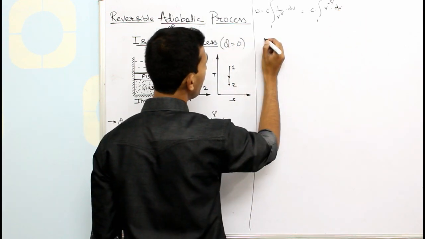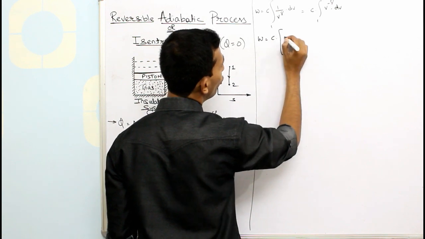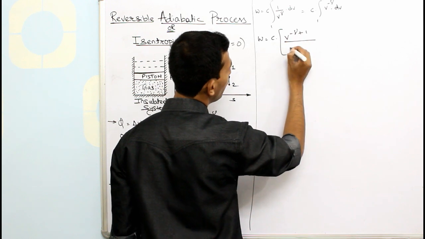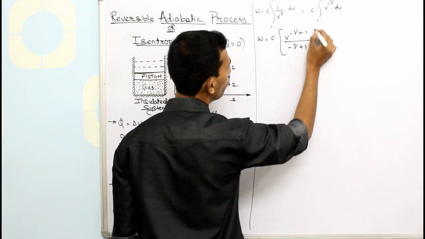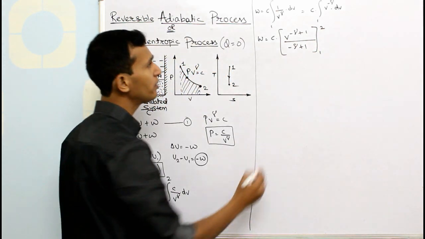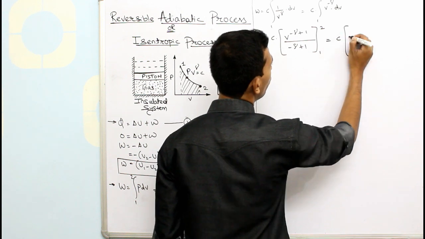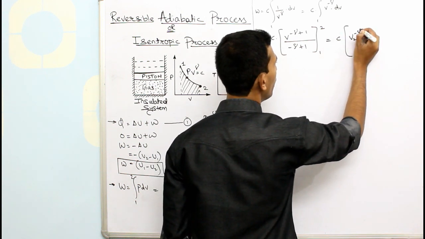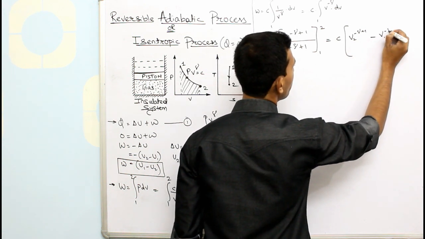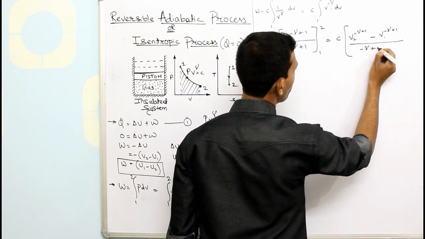Taking the integration, I can write W becomes C into bracket V raised to minus gamma plus 1 divided by minus gamma plus 1 from the limit 1 to 2. Now putting the limits, it becomes C into bracket V2 raised to minus gamma plus 1 minus V1 raised to minus gamma plus 1, divided by minus gamma plus 1.